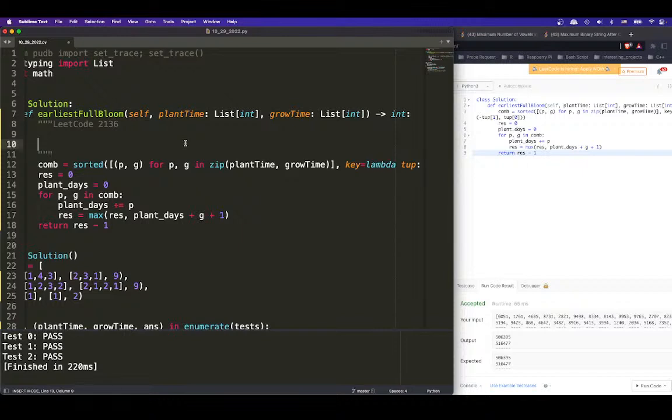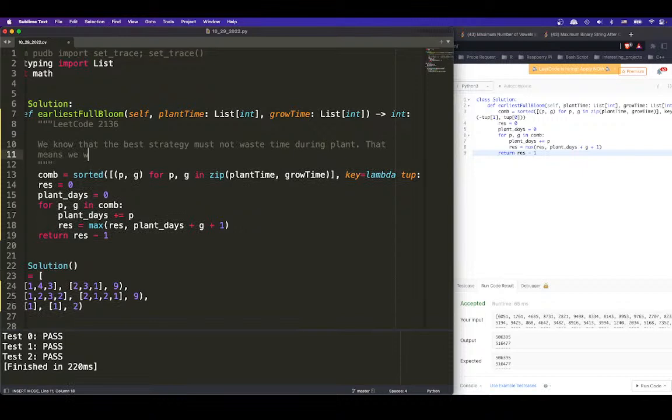I have other things to concern. This one is fine. All right, so here's my reasoning. We know that the best strategy must not waste time during planting. That means we want to plant consecutively. Actually, we'll always plant consecutively, so this is actually not a good reason.